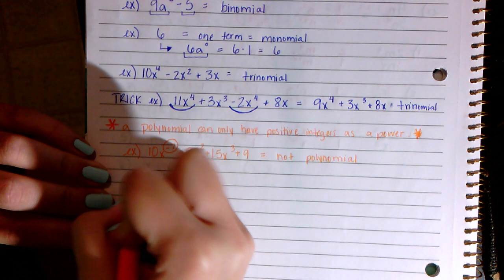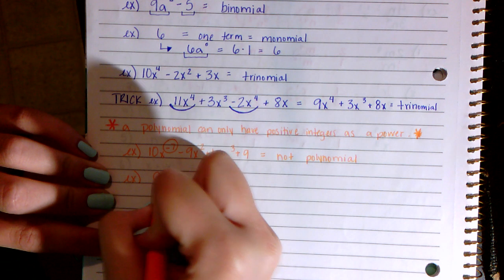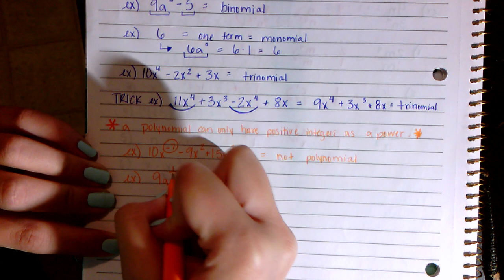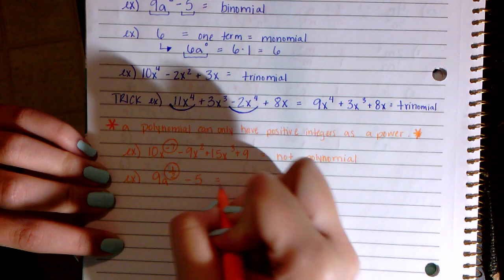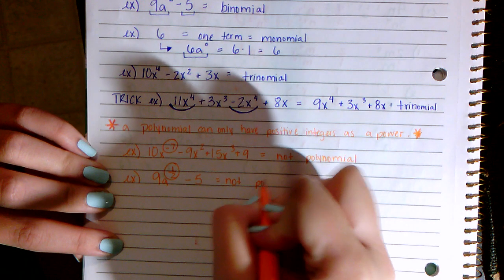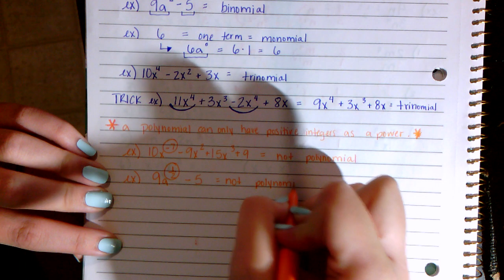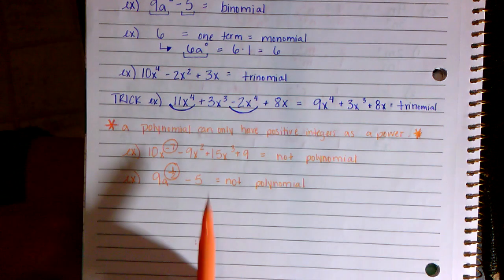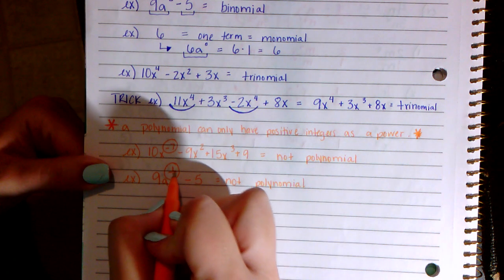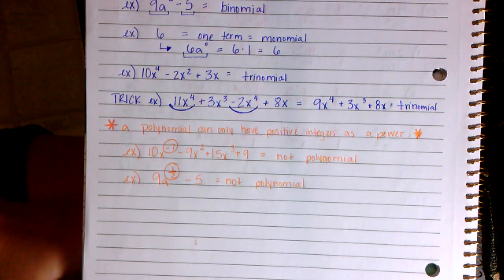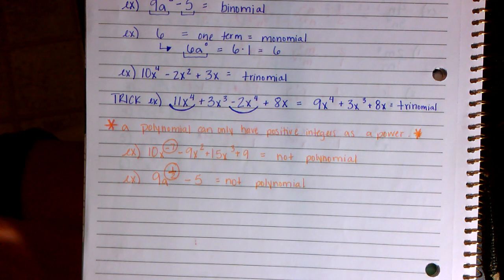Okay, and then also 9a to the 1/2 minus 5. Not a polynomial. Why? Because this power is a fraction. That's a rational real number, but it's not an integer. It can only be whole numbers. It can't be a fraction.